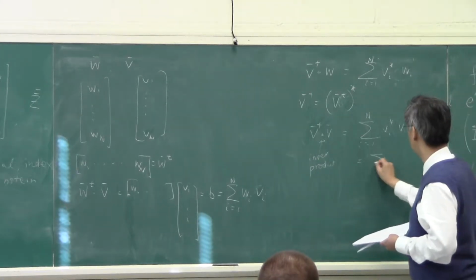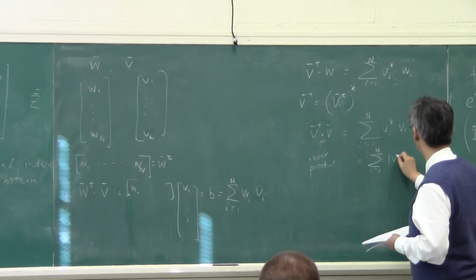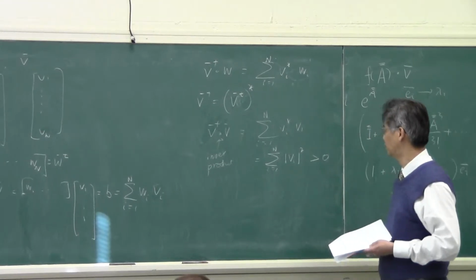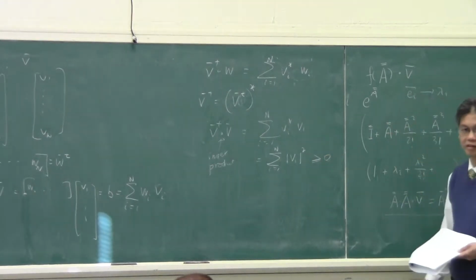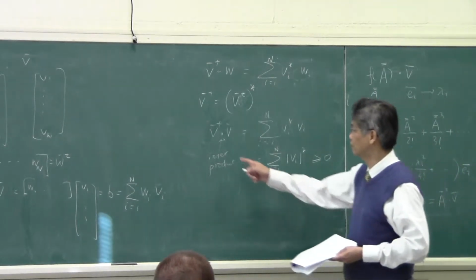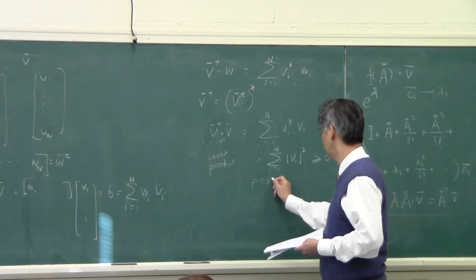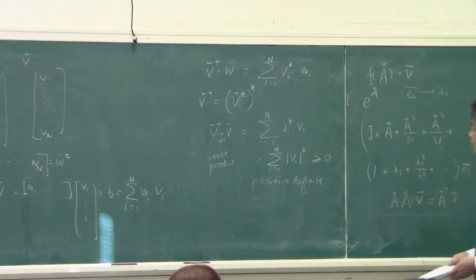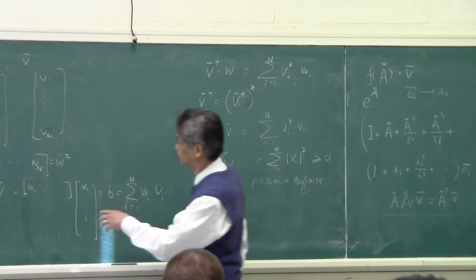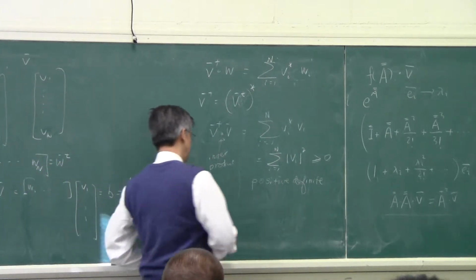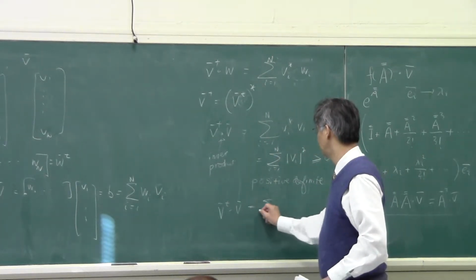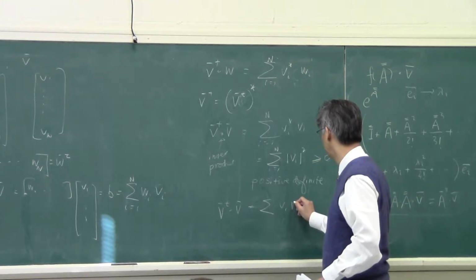So this is the same as the magnitude of V_i squared, and this sum is always greater than or equal to 0. Mathematicians have a name for this: this quantity is always positive definite. That's very good because it's never negative. Whereas if you take an inner product like this between these two vectors, you get a whole bunch of numbers which could be complex numbers.